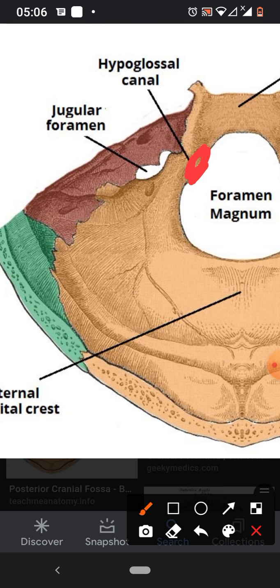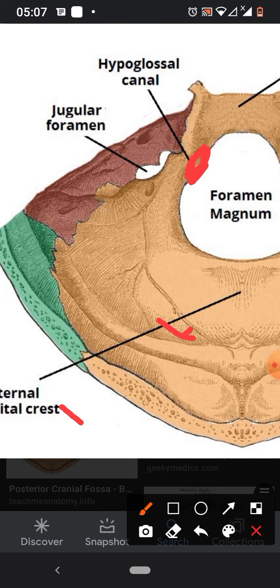This emissary vein is between the sigmoid sinus and the internal jugular vein. The sinuses are also veins, and that's why it is connecting the two veins: one is the sigmoid sinus, and one is the internal jugular vein.